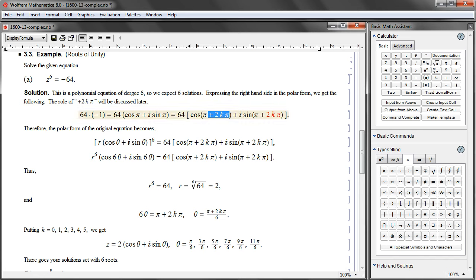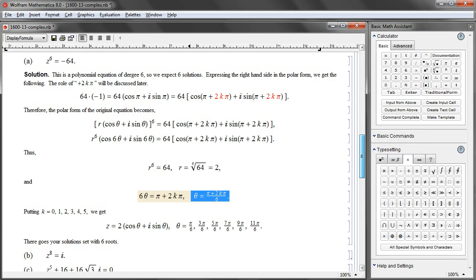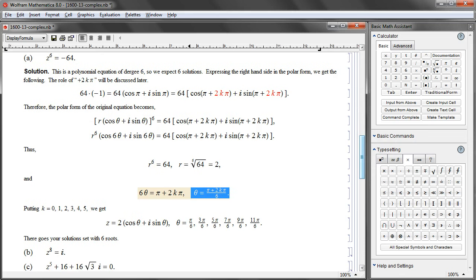Plus 2k pi and then express both the right-hand side and left-hand side in polar form. Apply De Moivre's theorem, and when we identify the argument, we get something plus 2k pi over n, and then k equals 0, 1, 2, 3, all the way up to n minus 1. And we have all these values.